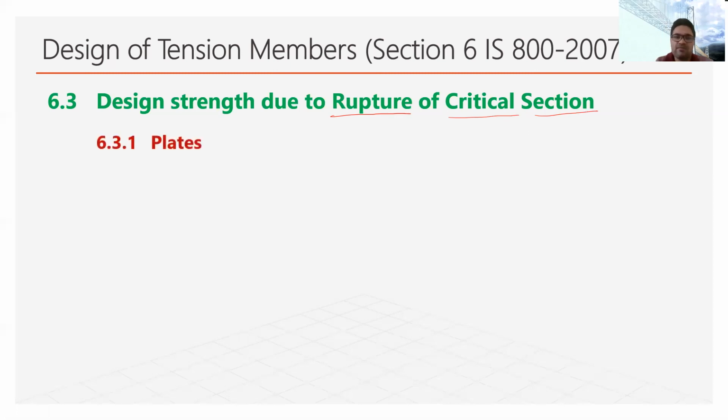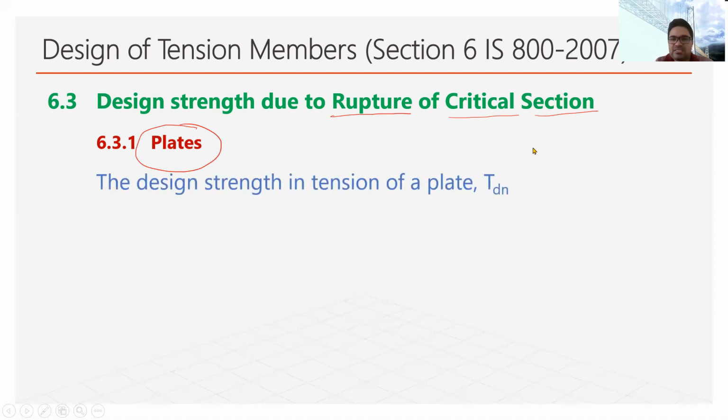In this first case, we are taking plates. In case of plates, if there are holes, we find the net effective area, and then we find the design strength in tension of the plate, and we express this strength as TDN. Previously it was TDG, now it is TDN.